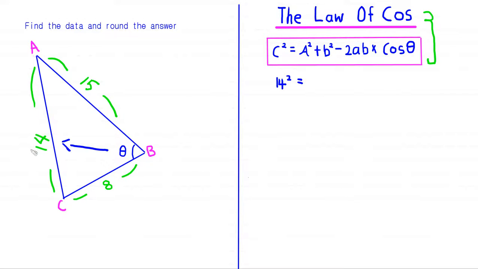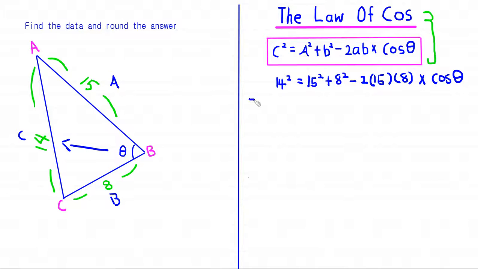I'll call this length a, I'll call this length b, and I'll call this length c. 14 squared is equal to a squared, which is 15 squared, plus b squared, which is 8 squared, minus 2 times a, which is 15, times b, which is 8, times cosine of theta. We don't know theta right now.